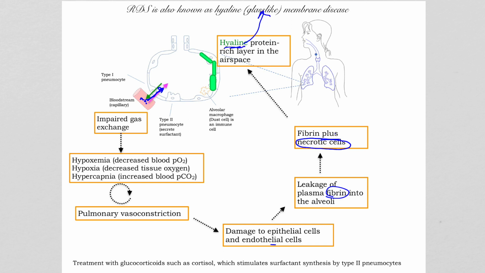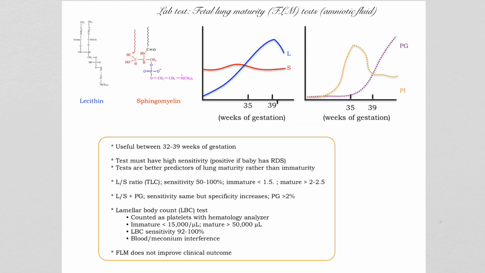Glass-like. Hyaline means glass-like. So you get this glass-like layer formed in the airspace. This is called RDS, respiratory distress syndrome. Of course, that's going to seriously affect gas exchange.